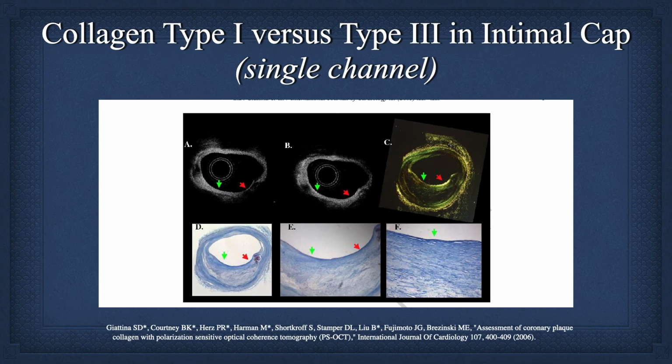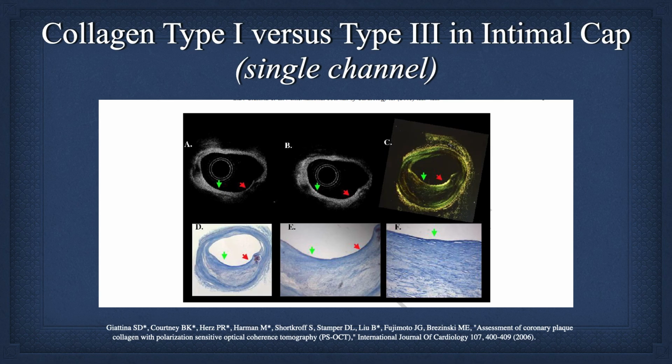If we look at the two A and B images, the red arrow area, as we rotate the polarization, the image changes, but in the green arrow area, it doesn't change almost at all. I'm going to go into this in more detail. And this was part of the images from the paper, the trichromes on the bottom.